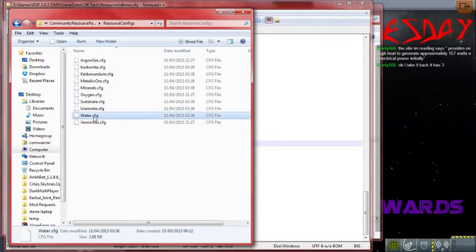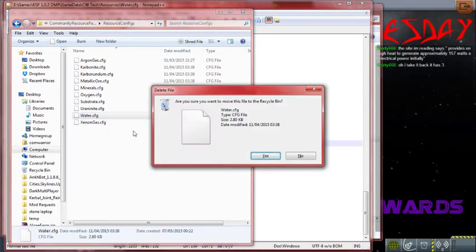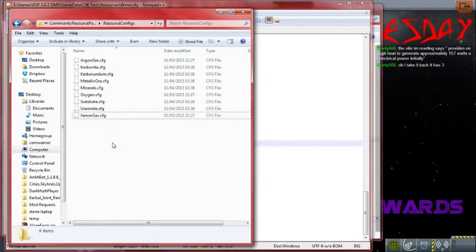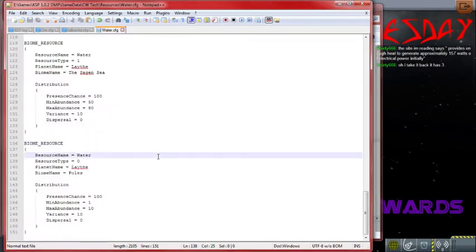And it is that one. Say goodbye. I don't want you. There we go. I've just replaced the CRP's water resource definitions with my own. Bye bye. And that is how you set up the resources in the game.